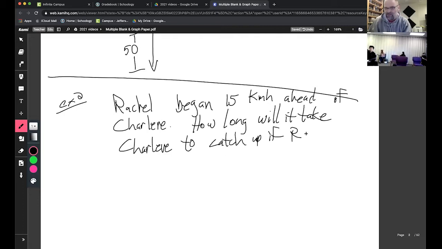If Rachel, sorry, so this looks like kilometers per hour. So this is, yeah, this is just 15 kilometers ahead. I think I said kilometers, but I wrote kmh.